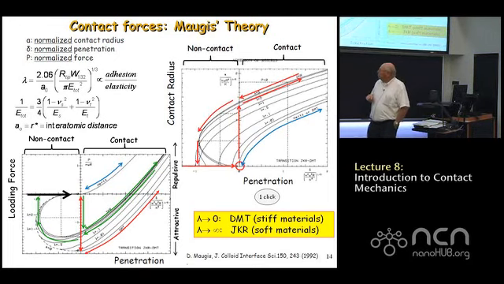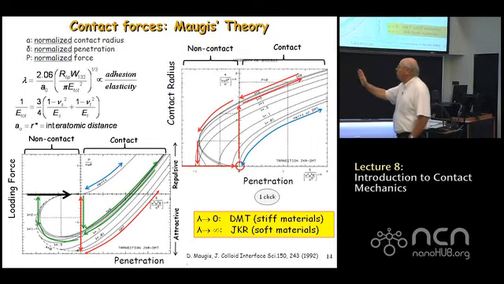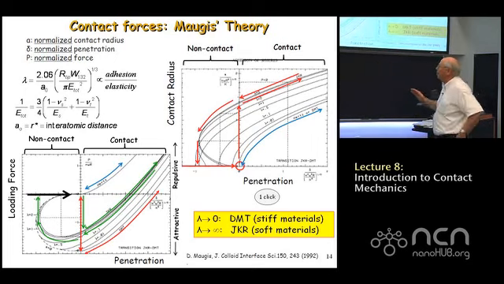So the basic idea is that you approach from the left side of this graph until the normalized penetration parameter is equal to 0, the tip is approaching the substrate. When the tip comes into contact with the substrate in the JKR model, there's an abrupt jump, and the contact radius goes from 0 to some finite value.